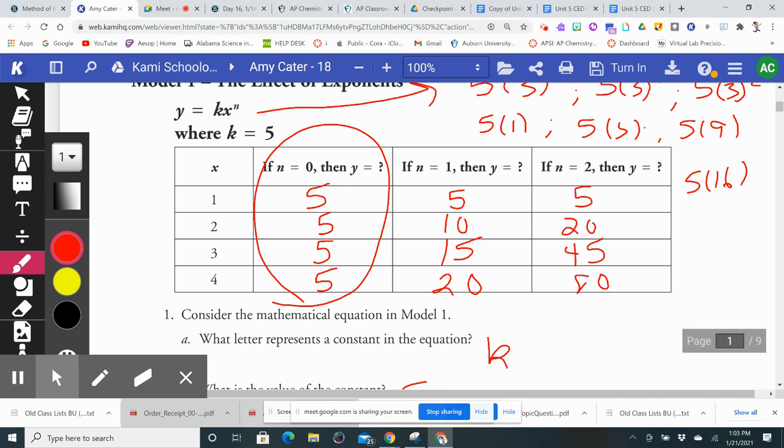Nothing. What kind of effect does the x have on the y when n equals 0? No effect. It says complete sentences, so you need to put that in a complete sentence. I'm not going to write it for you.